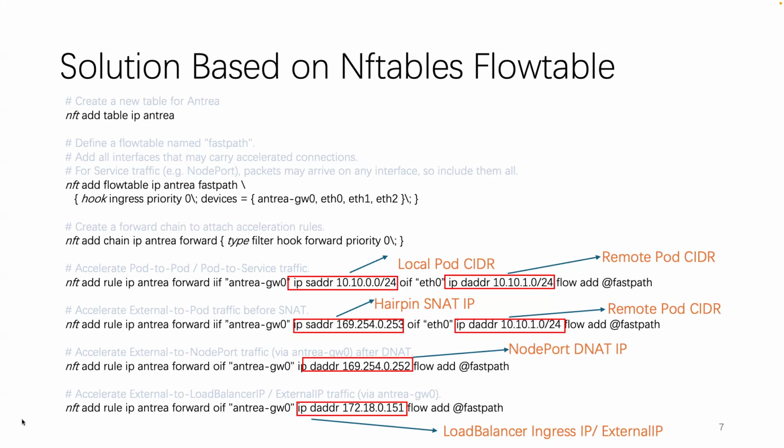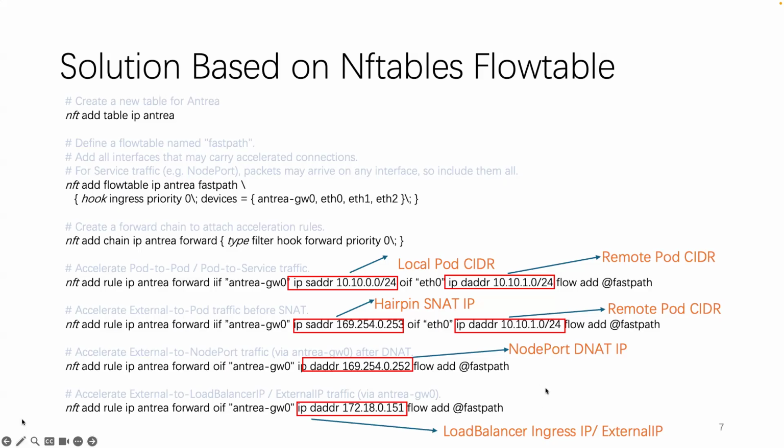You are right. I remember that NF tables supports set itself. We don't need to use like IP set with another component.